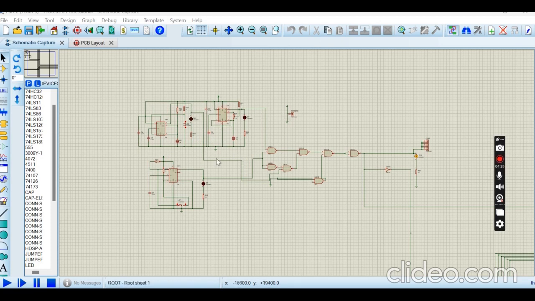So this is the clock pulse, or the clock signal. As I explained earlier, we are using this clock signal to generate the clock pulse, and we are generating the clock pulse in both the manual way and the automatic way.